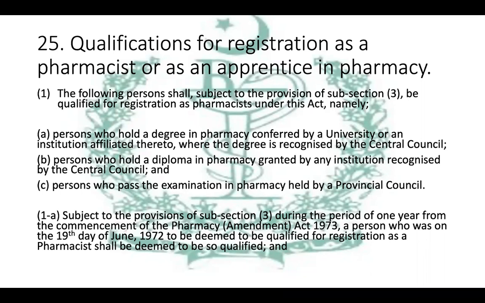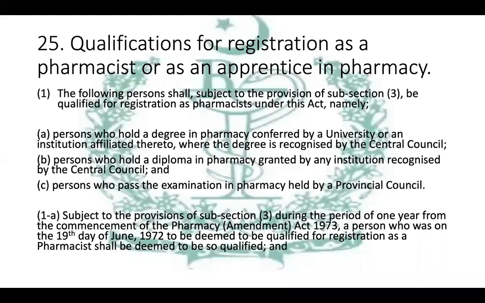Those persons who are entitled to be registered in register B go for a course of pharmacy technician in an institution approved by the Pharmacy Council of Pakistan in any province. So the examination body for such technician courses is the Pharmacy Council of that province.